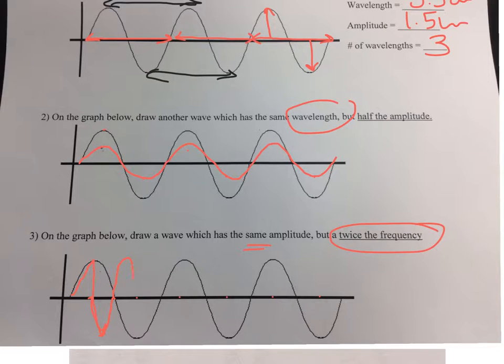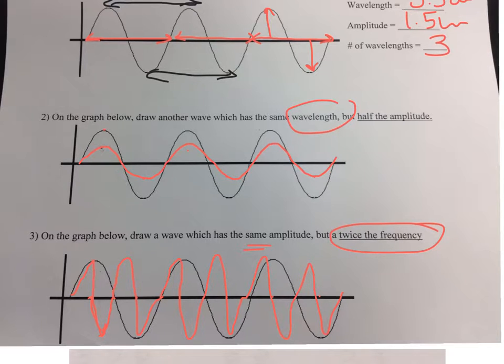Up, down, again, up, down. A total of 6 waves. This is an approximation. Sorry for the messy drawings, but it's an approximation of what it's supposed to look like. Any questions? Okay, so this is for this one.